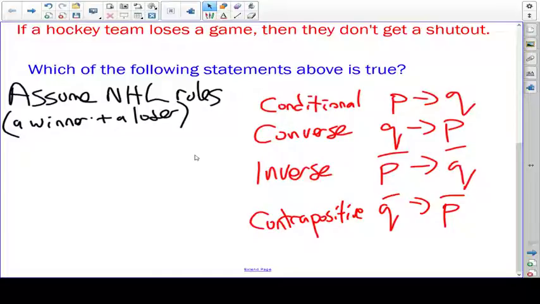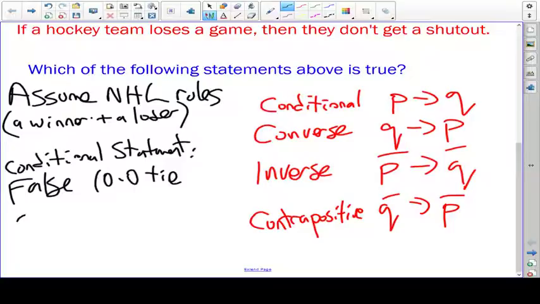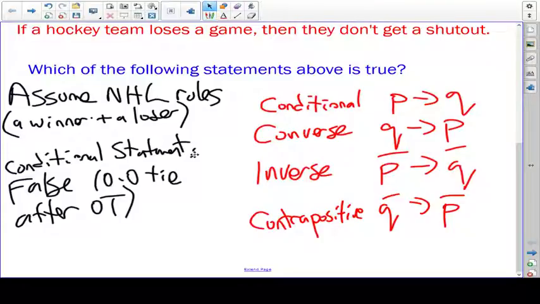So for the conditional statement, it's false, and the counter example would be a 0-0 tie after overtime. My apologies. Okay, so if you have a 0-0 tie after overtime, that counts as a shutout, but guess what? You can still lose the game. So, fair enough.